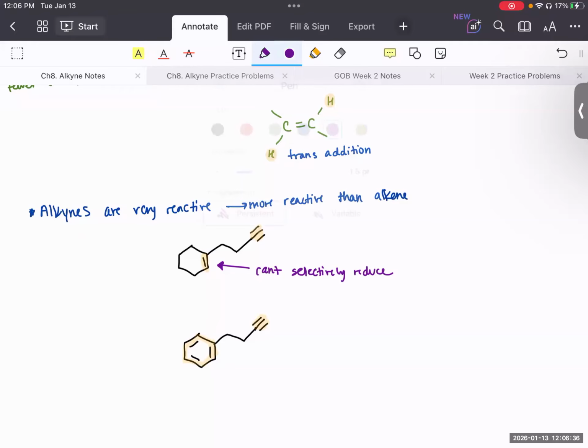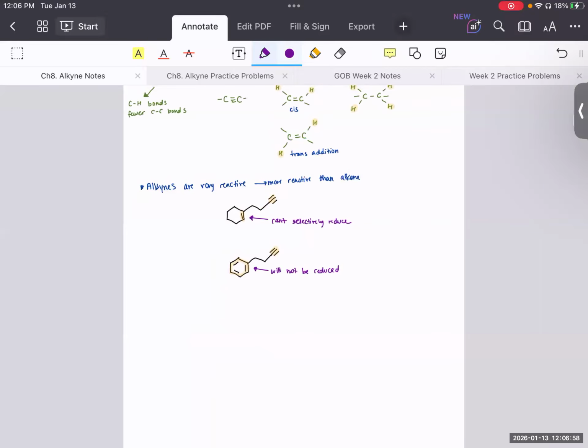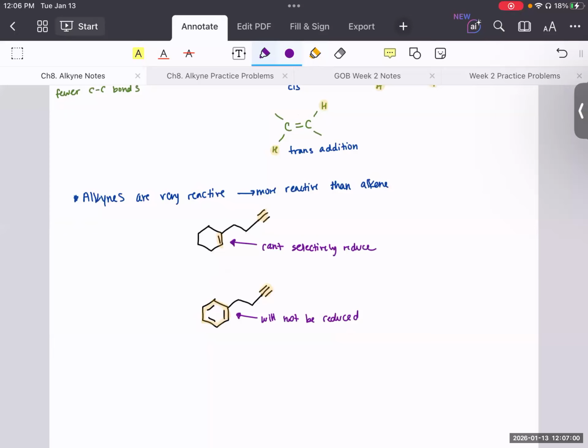The reagents that we're talking about will not reduce the ring. We have to use special conditions to affect those aromatic systems because they're less reactive. And so all of the reagents that we have here can be used without touching these ring systems, which is really useful because a lot of molecules have those ring systems. All right, so with that, let's get into the different types of reactions that we have.